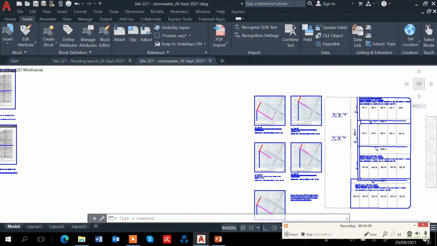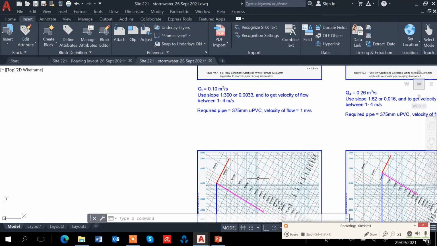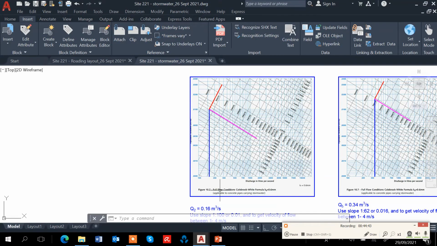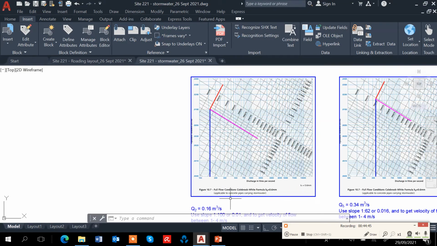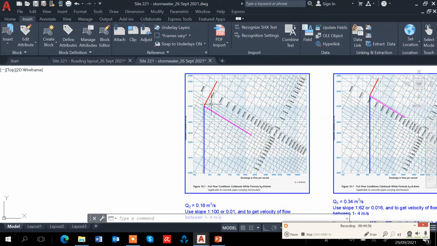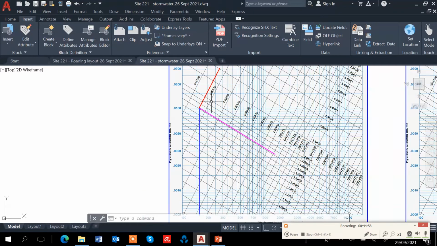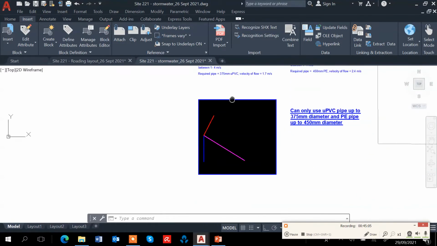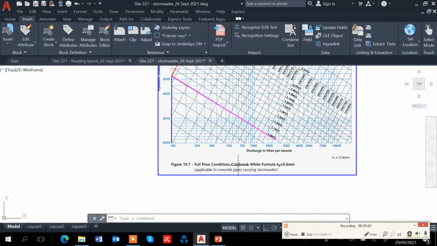For Q1, Q2 is also similar. Q2 is 0.16, and Q2 also uses 375 UPVC. For Q2 I use 1 in 100, and I also get less than 375, so I use 375. Because I try to use the UPVC pipe, I use a steeper slope.